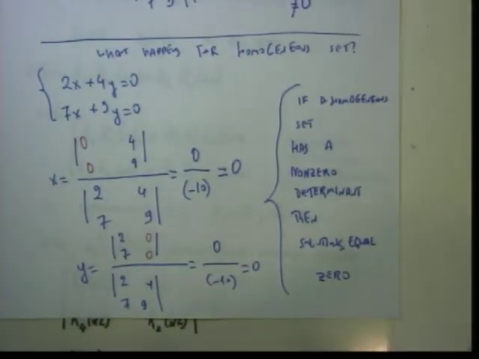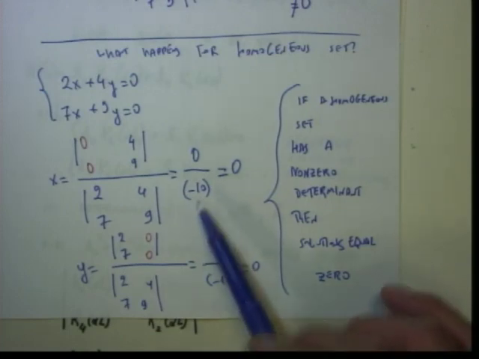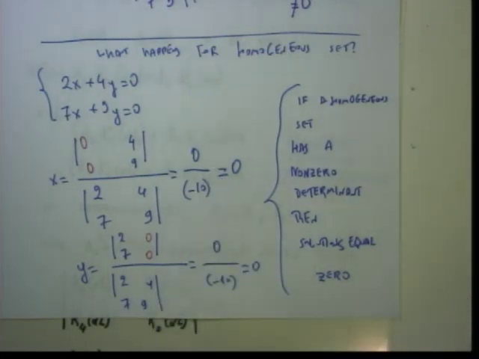If the determinant is non-zero, like in this case minus 10, then the solution is 0, if it is a homogeneous set. We knew that, of course, from childhood. We studied this in kindergarten.